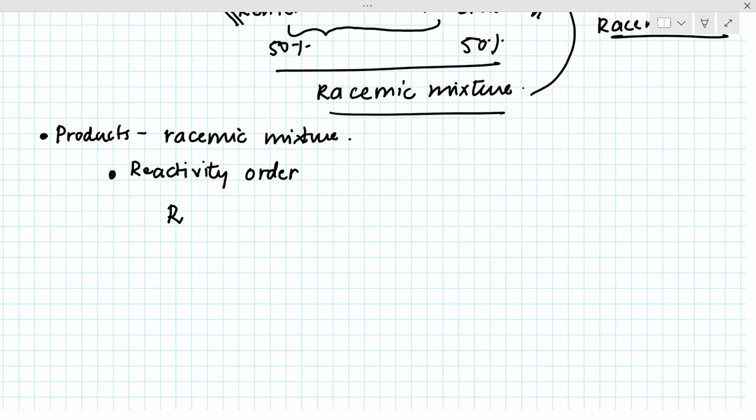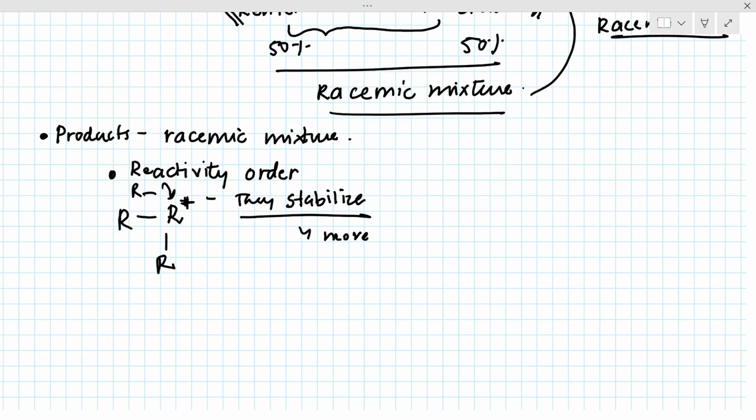There is a carbocation formed, right? So this carbocation has a lot of positive charge. If there are alkyl groups present, they stabilize the carbocation and it is more stable.